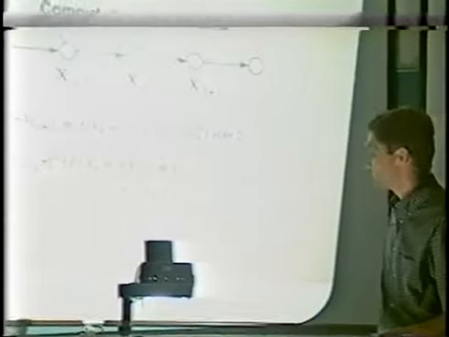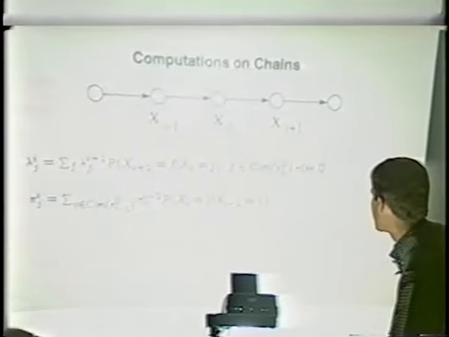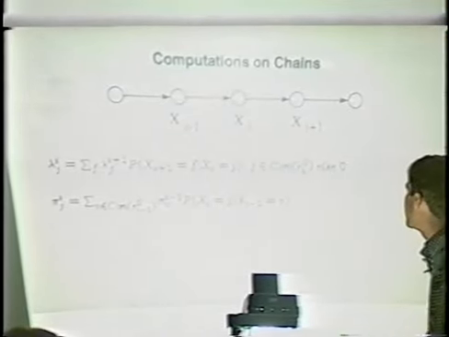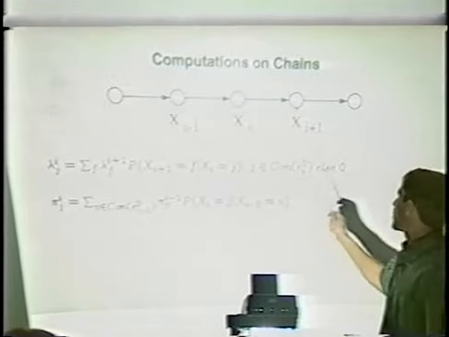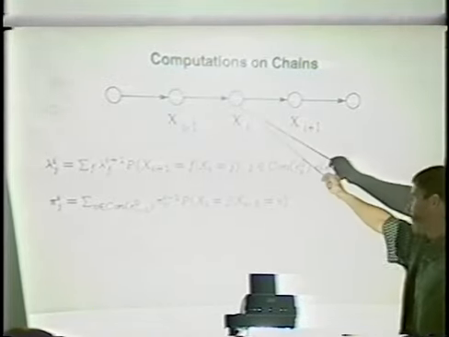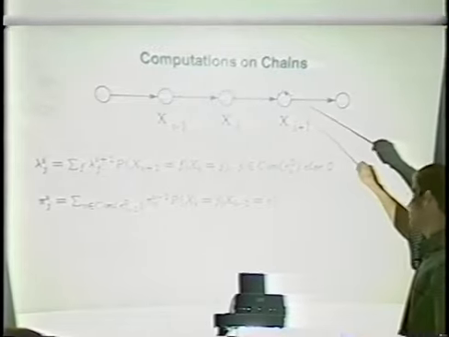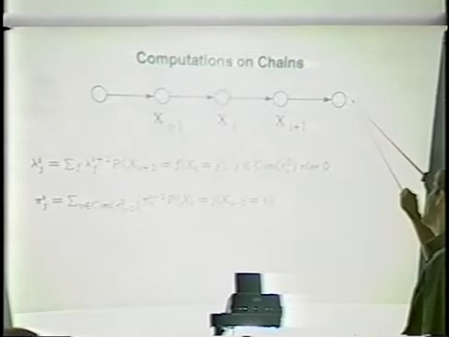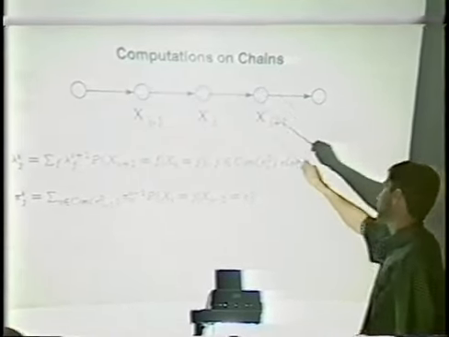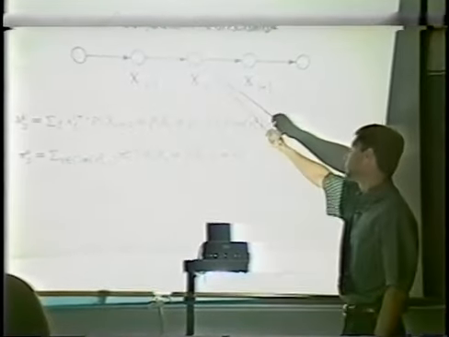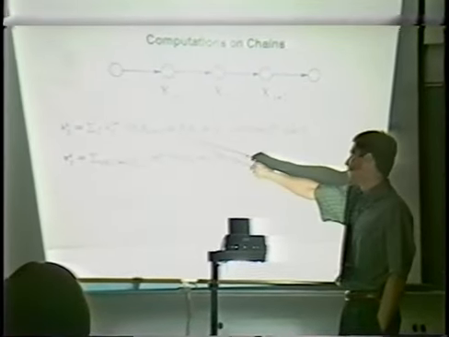If you have a chain-structured graph, then the recursions become very simple. The probability of everything below here, given a variable value here, is you just sum over all these possible values of the probability of everything below this one, given the value for this one, times the probability of this guy's value given the value over here, which is this.